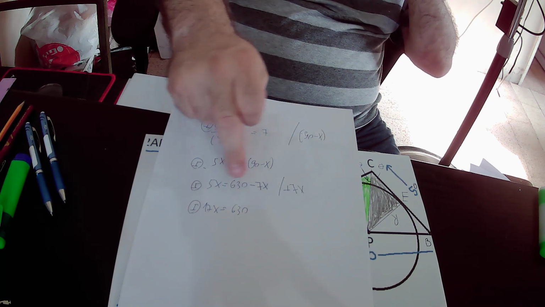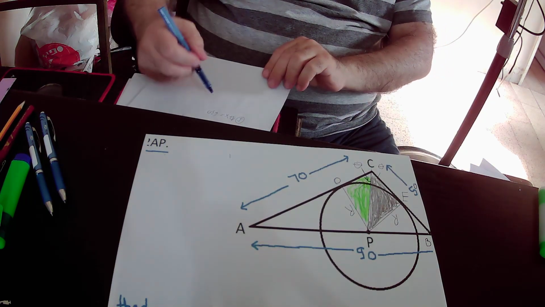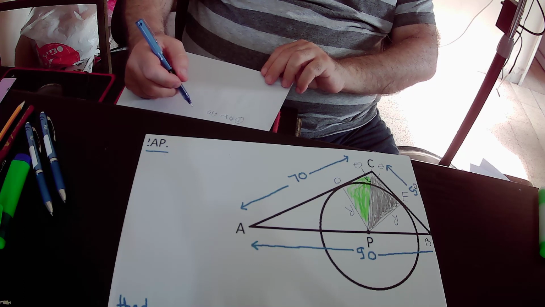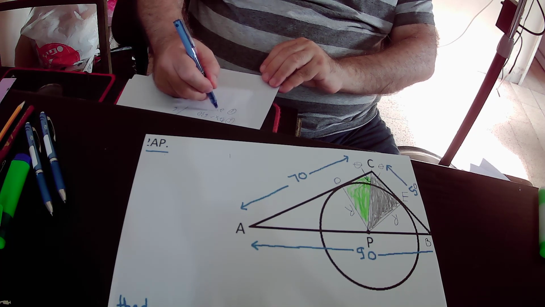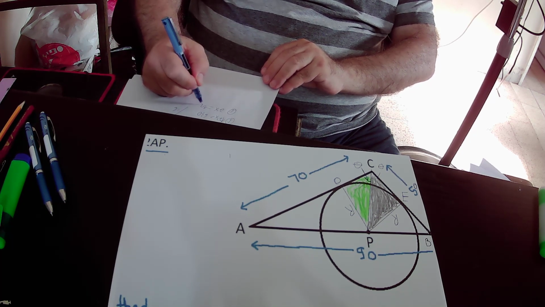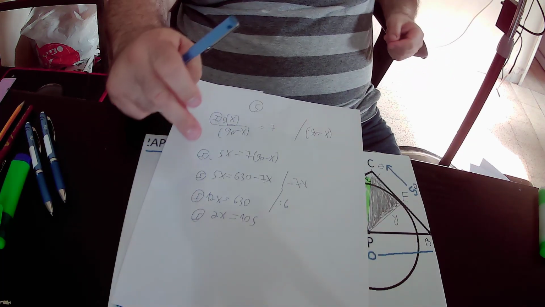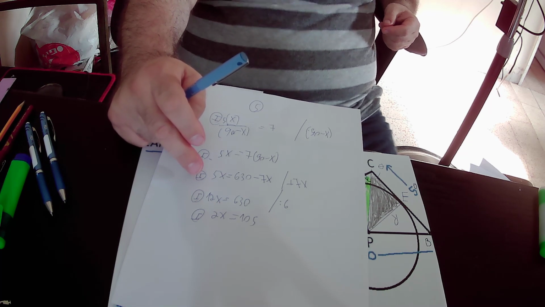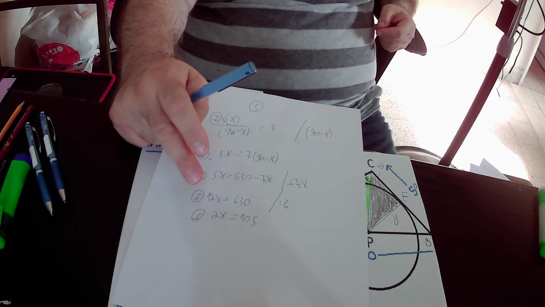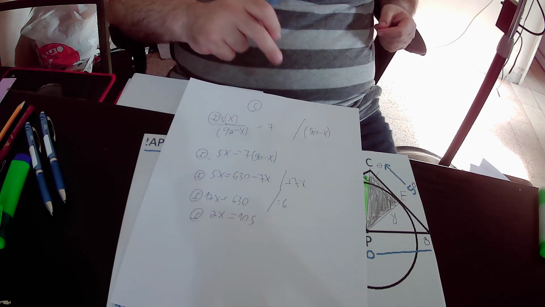Now we will divide both sides of the equation by 6. After we divided both sides by 6, we got that 12x divided by 6 equals 2x, and 630 divided by 6 equals 105.